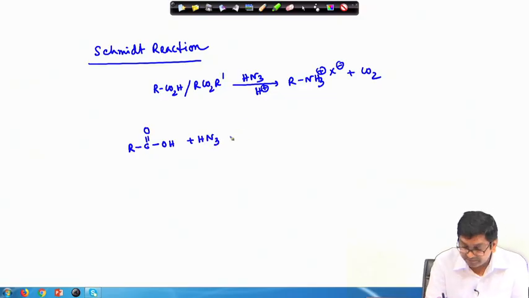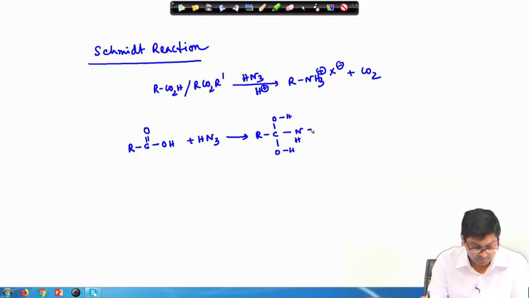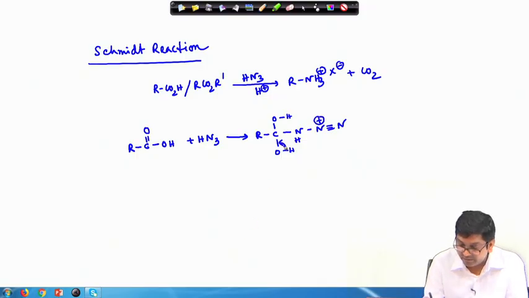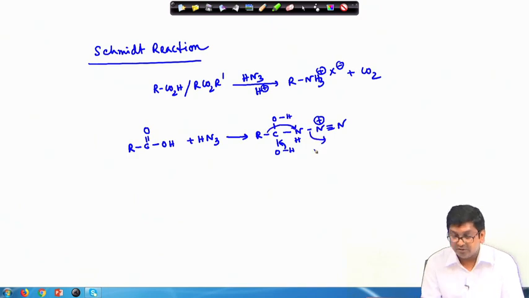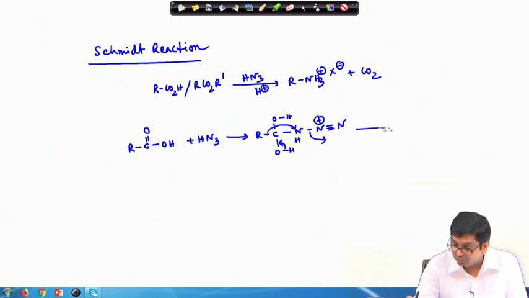So, this gives this intermediate, and once this is generated, then this 1-2 migration can happen and nitrogen can liberate. So, what you will get? You will get this carbamic acid.